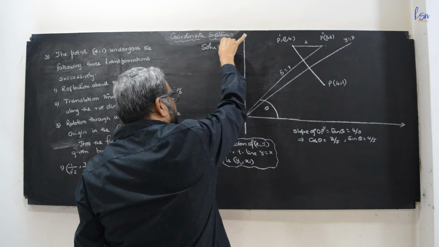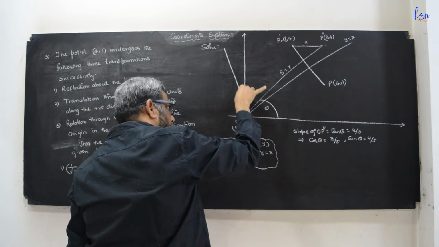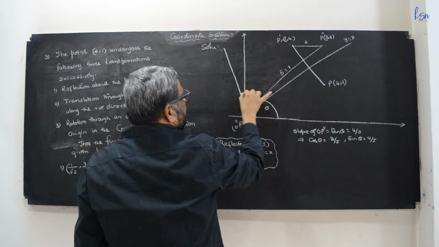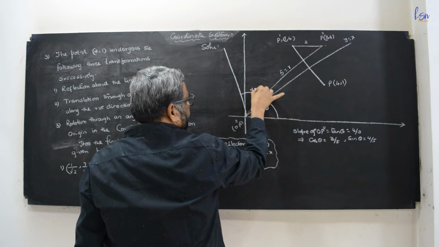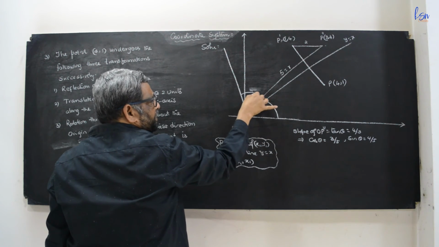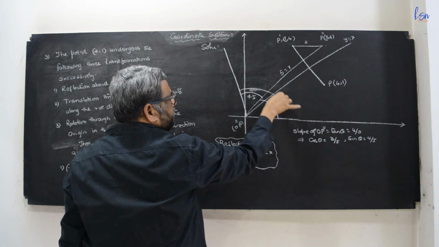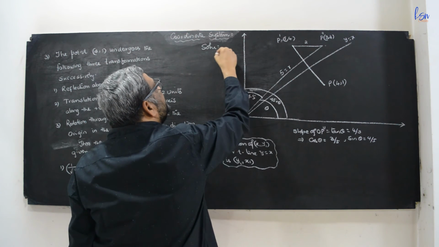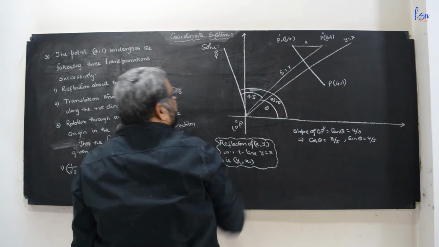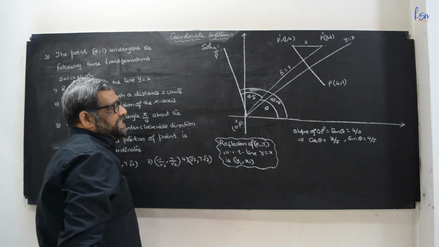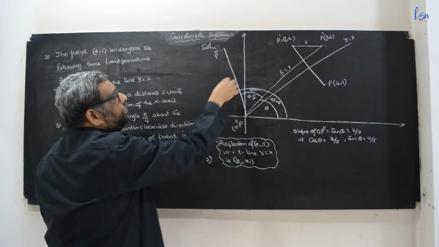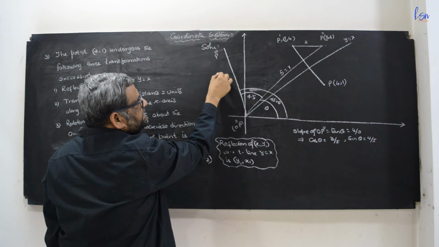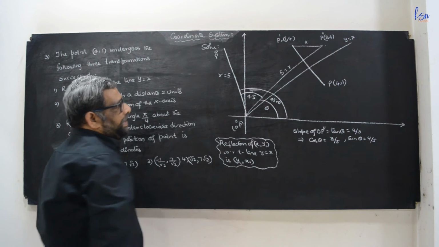For example, let us consider here like this. This is 45. The total angle is 45 plus theta. This is the final position of the point P triple dash after the 3 transformations given here. Now, of course, the distance doesn't change.